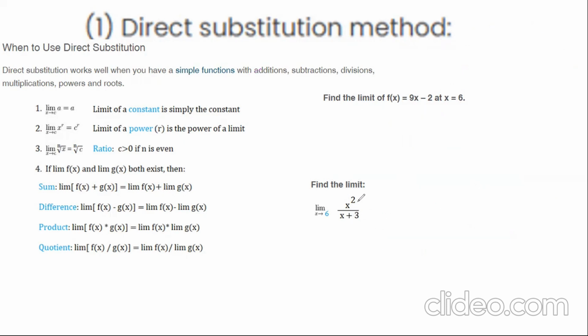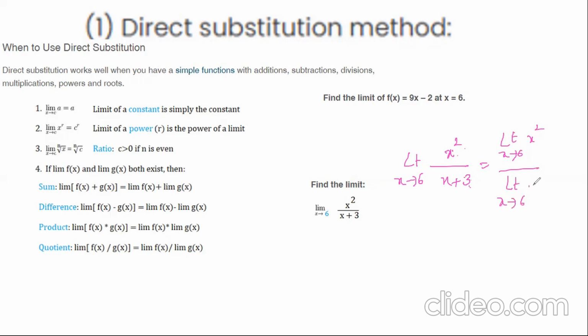Next, you take this one. Find the limit of x square by x plus 3, as x tends to 6. So what do you do? Simple, no? Because this is a division, we can apply the quotient law. No need of writing every time, you can do it directly also.